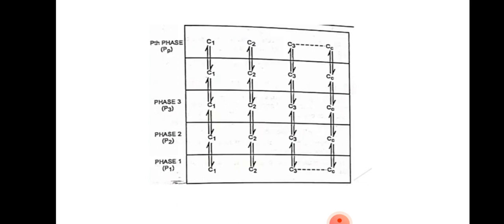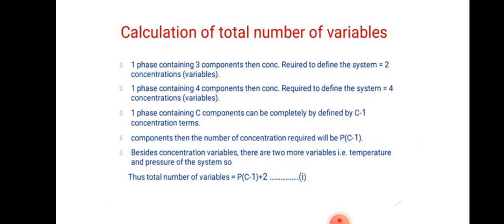So the degree of freedom F of a system we defined as the difference of the total number of variables required to specify the system and number of relations between them at equilibrium. First we calculate the total number of variables. We know that we have 3 variables: temperature, pressure, and composition.